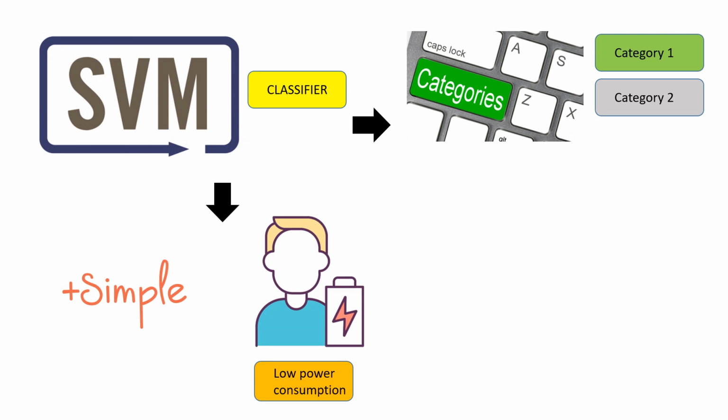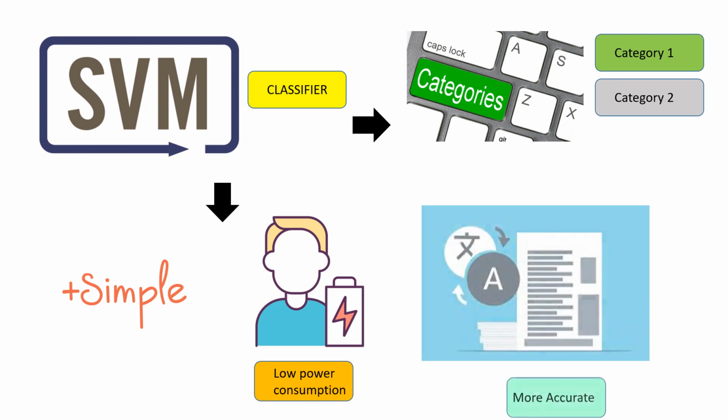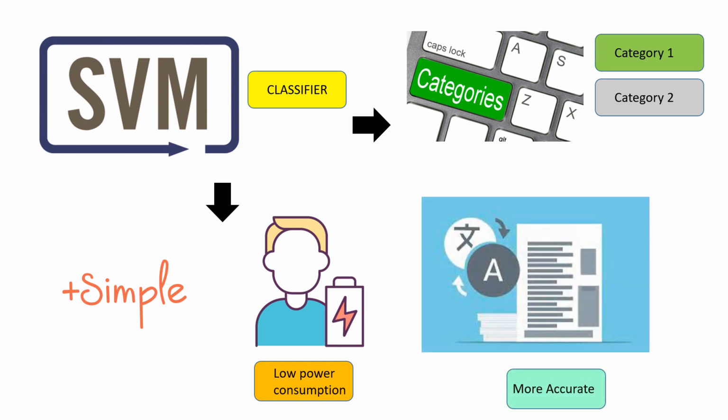So SVM can be used for both regression as well as for classification purpose. But in this video, we are going to see SVM as a classifier. And in some of the upcoming videos, you will be learning about SVM being treated as a regression model. So the better the training of SVM, the more accurate the SVM will be.